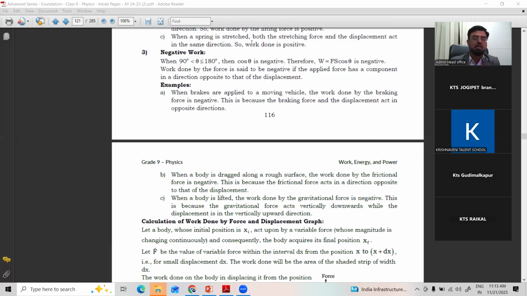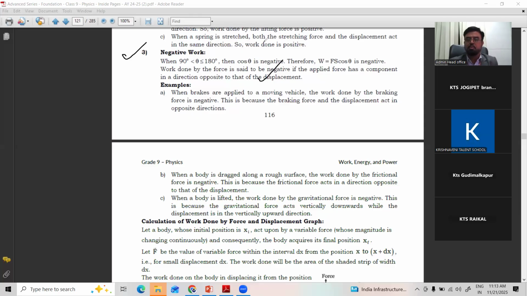Then the last type of work is negative work done. Work done by a force is said to be negative if the applied force has a component in the direction opposite to the displacement. You are applying force in one direction, and the body is displacing in the other direction, maybe at 90 degrees or 40 degrees.